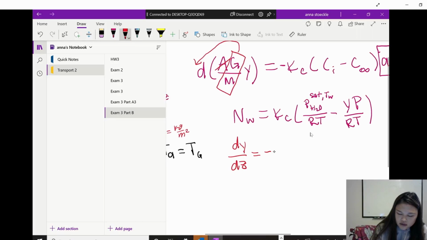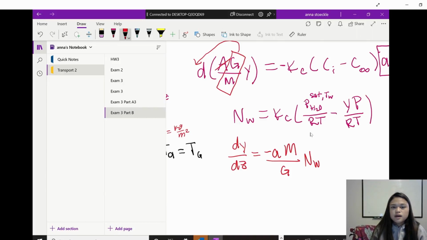The specific area multiplied by that, oh wait, we just got rid of the area, multiplied by the molecular weight all over the gas flow rate, and then that new variable of the molar flux of that water. And so now this expression is going to give us the mole fraction of the water vapor in the air.